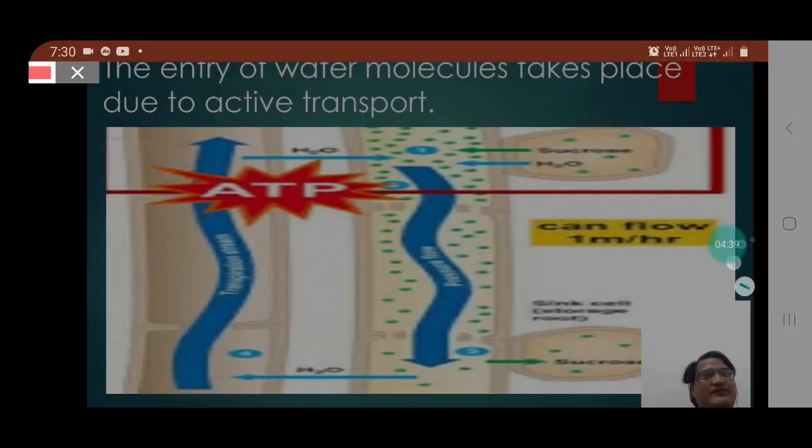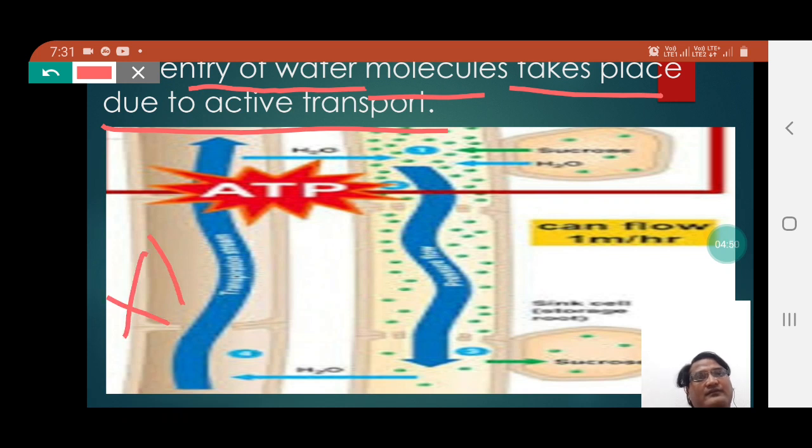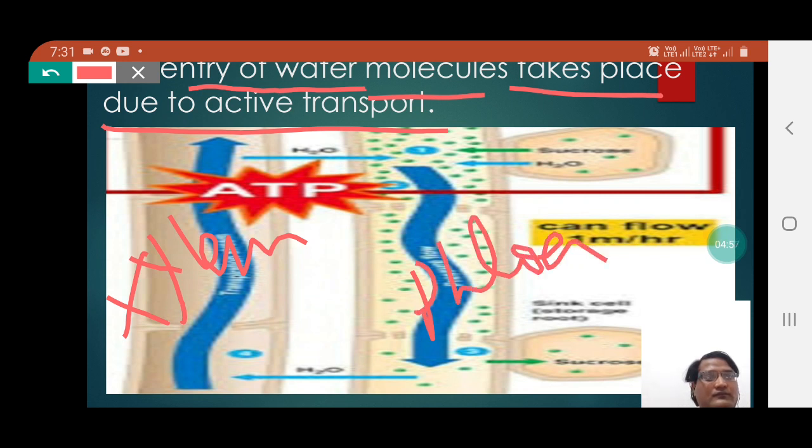So students, in this slide we can study the entry of water molecules takes place due to active transport. Students, we know that this is the xylem and this is the phloem. So students, the water from the xylem, you can see it is noted here, is moving to the phloem by the expenditure of energy in the form of ATP.